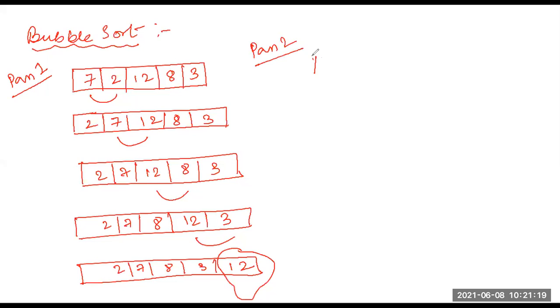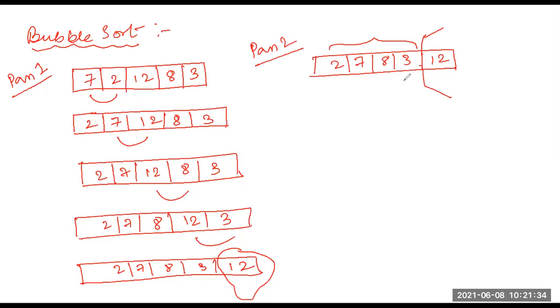In iteration 2, I will not focus on my entire array. Leaving this already sorted part, I will only focus on this part of the array. I compare 2 and 7. 7 is the larger one and is already at the right position.